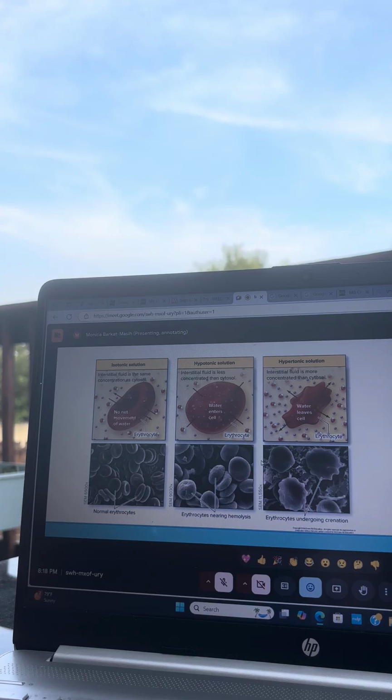Let's say equal concentration of solutes in the cytosol and in the solution. The concentration is the same. The solutes may be different because you can create any solute, like we said, sodium chloride. 0.9% sodium chloride is isotonic solution.